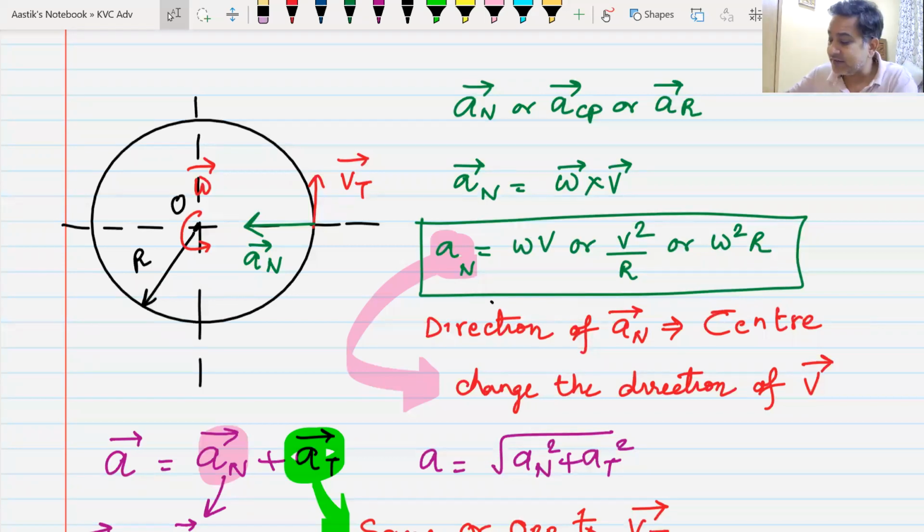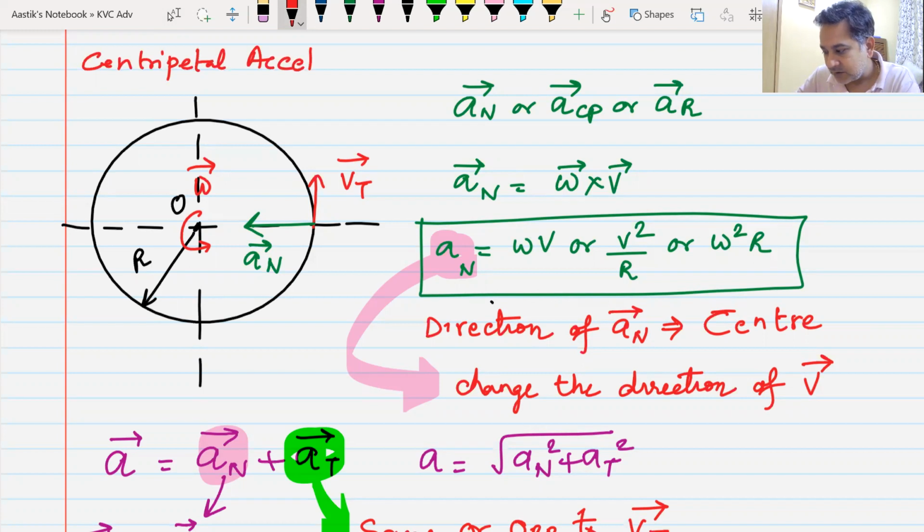acceleration, and that acceleration is known as which one? Centripetal acceleration. That acceleration is known as centripetal or radial or normal acceleration, and this centripetal or radial or normal acceleration can be written as omega cross v. I told you it's an axial vector.